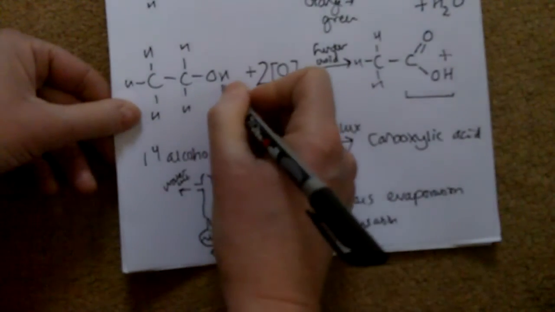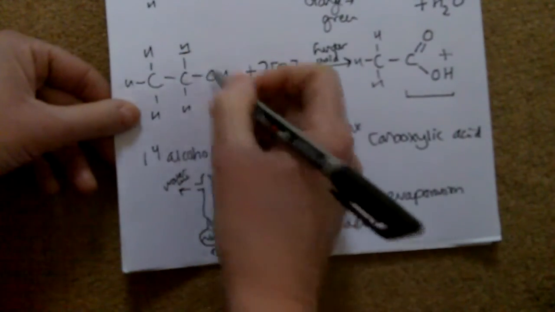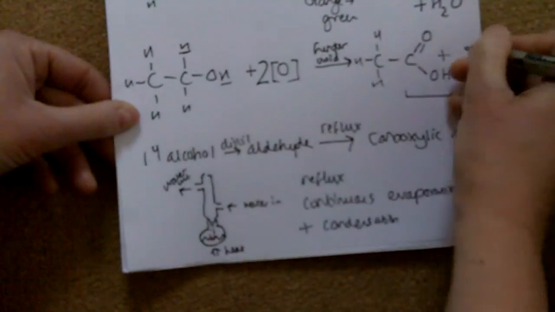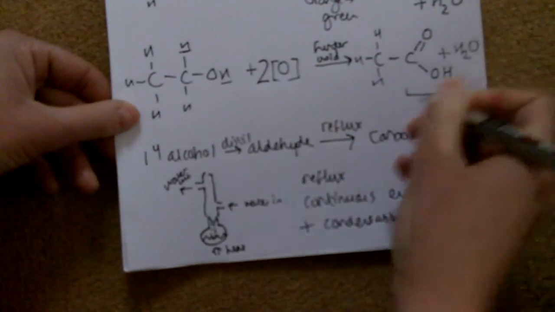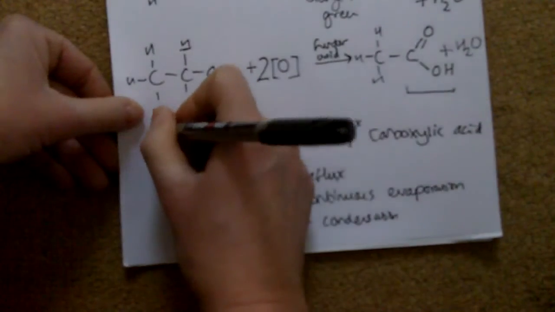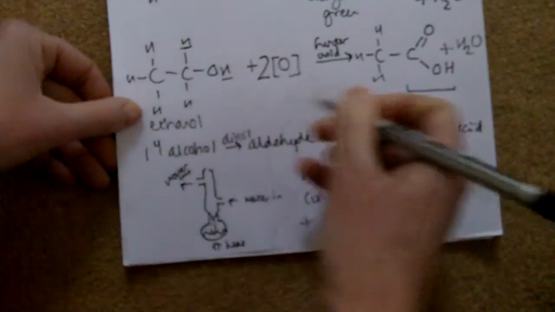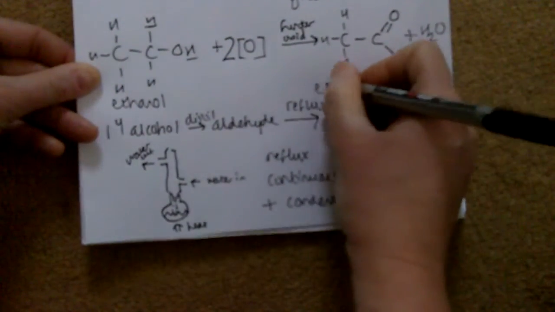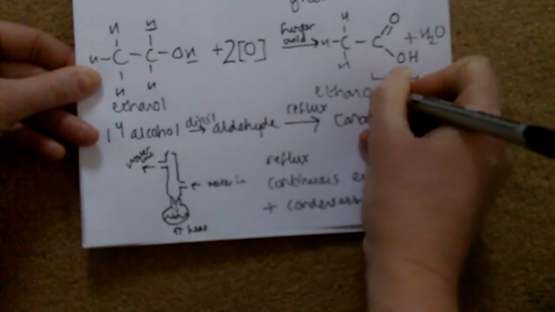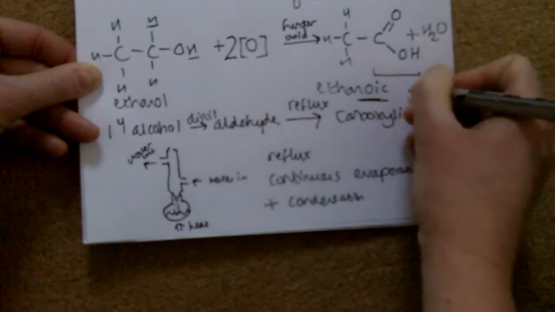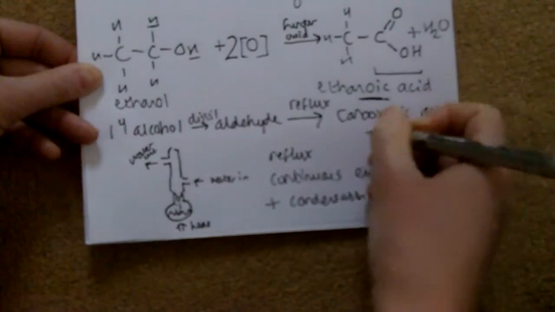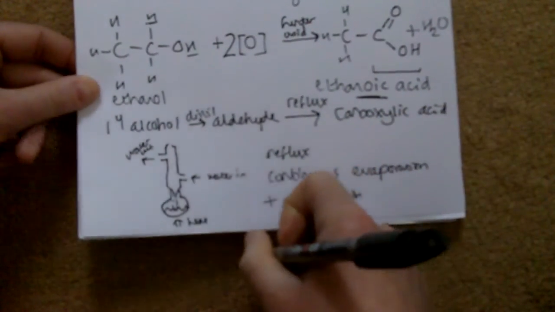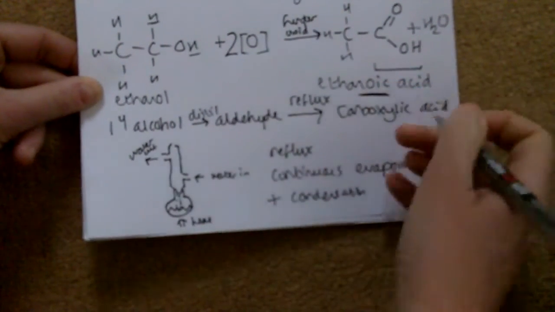So again, we've lost these hydrogens, and we have an O, and so it's water. This is ethanol, and this is called ethanoic acid. We'll do more about this on carboxylic acids, but it's called ethanoic acid.